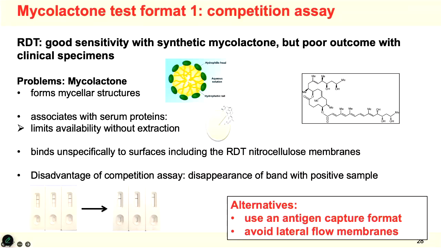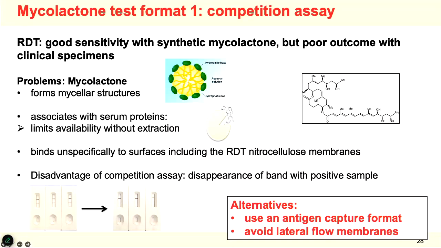One reason for that is that mycolactone is a pain to work with. It is not nicely soluble, but it forms micelles. If you have serum proteins in wound exudate, it associates with proteins, which reduces the availability. You could do extraction, but then you no longer have a very simple test.